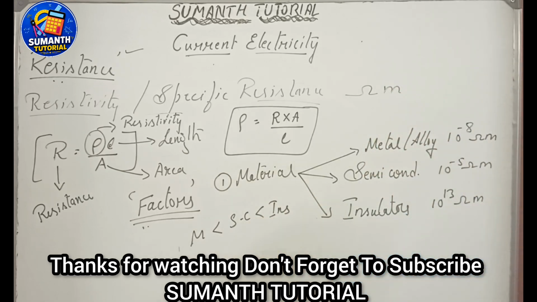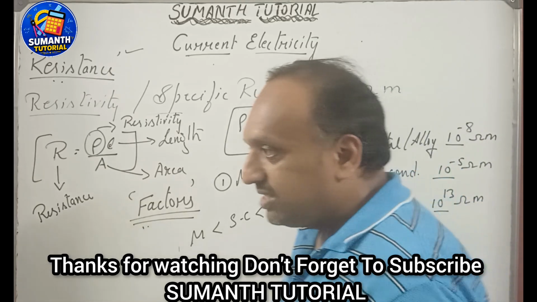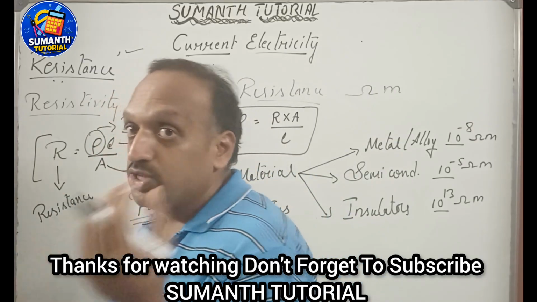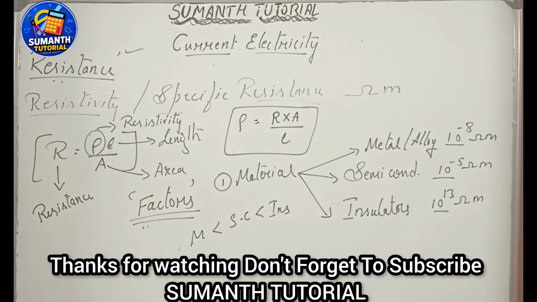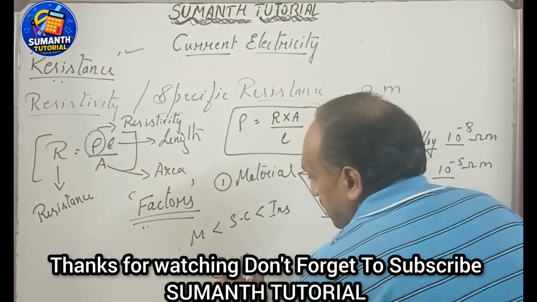For insulators it is maximum, then the semiconductors, then the metals. These numbers will sometimes be different in different textbooks. Once please check what the value is. Done?